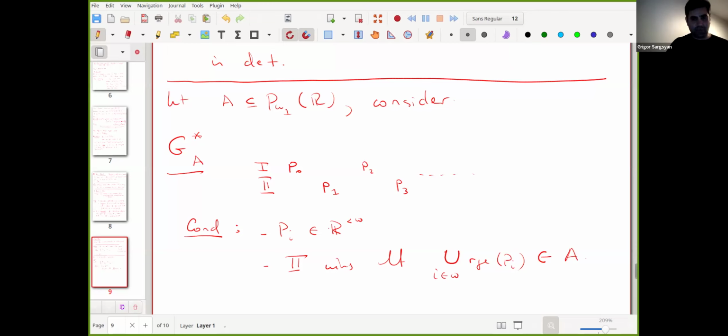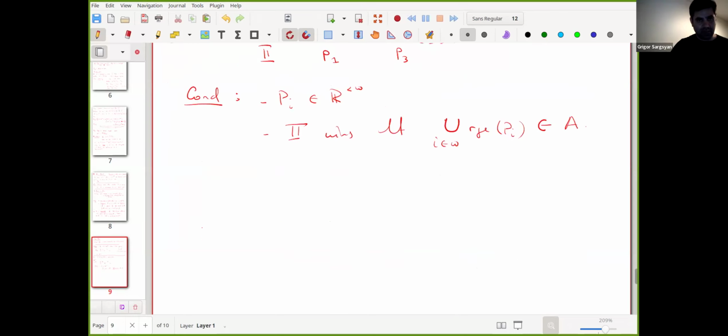Again, you could ask why this game is determined. Well, if AD_R holds, it's a finite sequence of reals, and every finite sequence of reals is coded by one real. So you can simulate this as a game on reals.